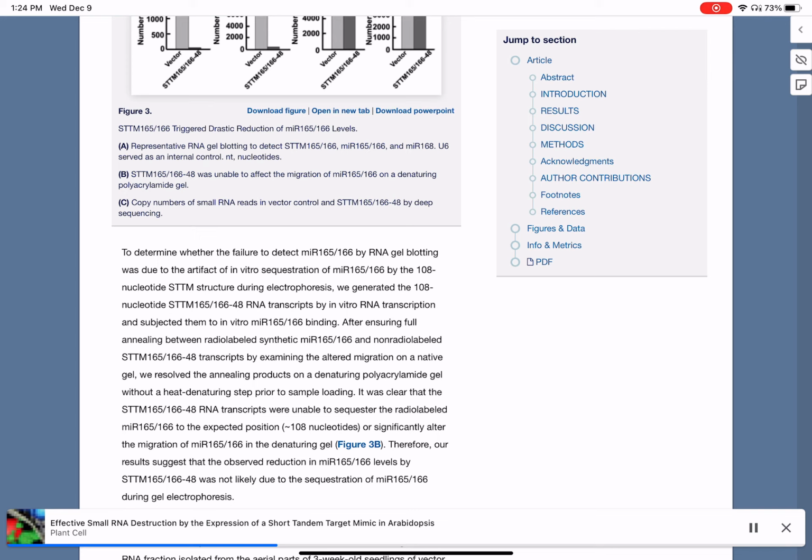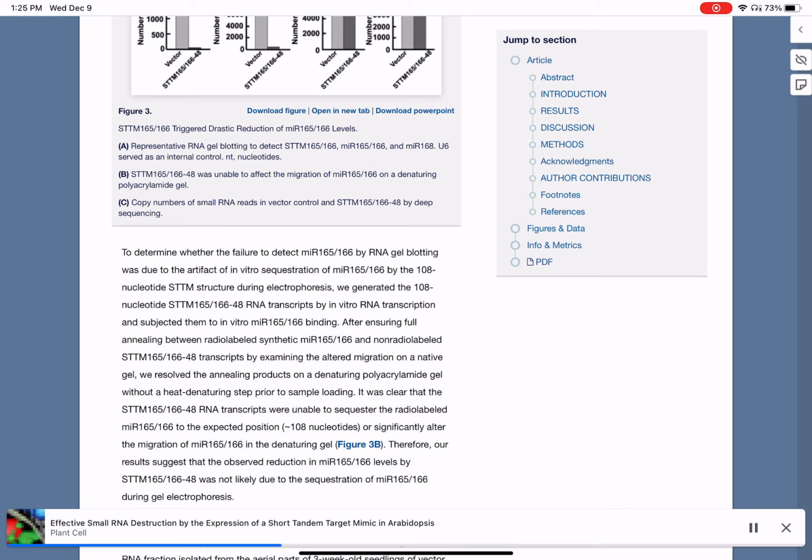After ensuring full annealing between radiolabeled synthetic miR-165-166 and non-radiolabeled STTM-165-166-48 transcripts by examining the altered migration on a native gel, we resolved the annealing products on a denaturing polyacrylamide gel without a heat denaturing step prior to sample loading.